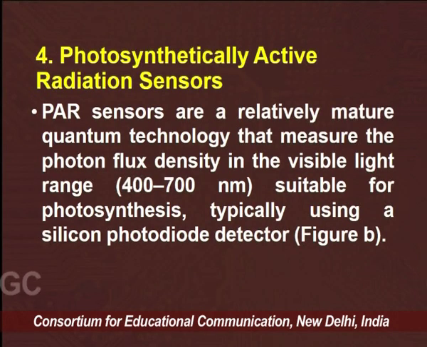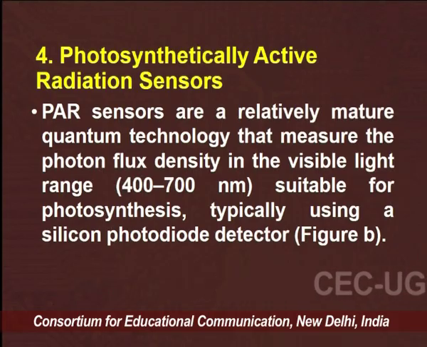Another is the photosynthetically active radiation sensor, also known as the PAR sensor, and that is a relatively mature quantum technology that measures the photon flux density in the visible light range that is suitable for photosynthesis.